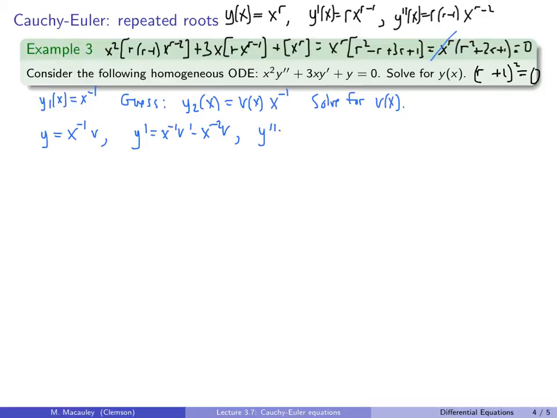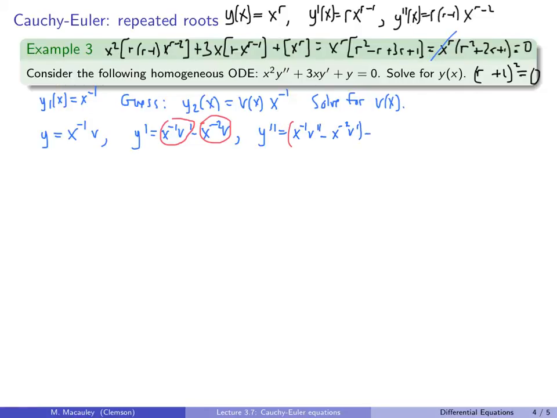And y double prime is going to be, let's be careful here. Let's take the derivative of these two terms separately. So the first one, the derivative of that is going to be x to the minus 1 times v double prime, then minus x to the minus 2 times v prime.